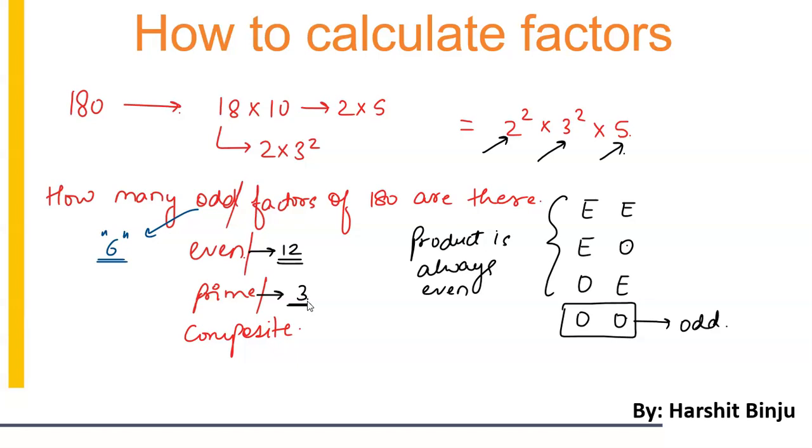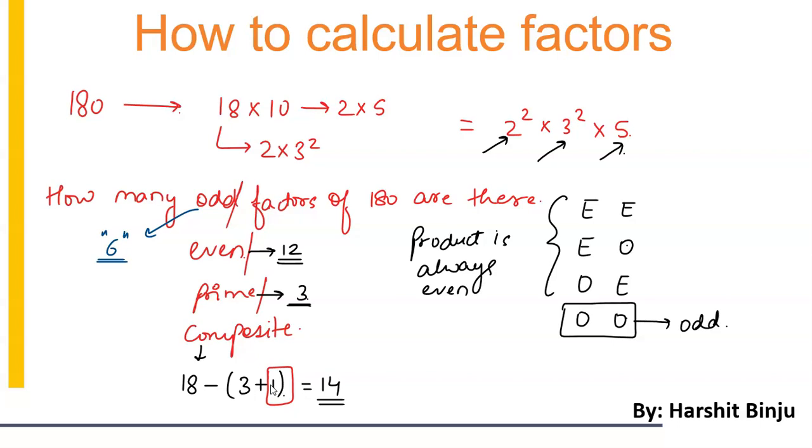Now when you talk about composite ones, remember that the number of composite factors is always the total number of factors minus the prime factors and 1. 1 is also a factor of 180, but 1 is neither prime nor composite, so there will be a total of 14 composite factors. Usually students forget about this one and simply say that the number of composite factors will be the total number of factors minus the number of prime factors, which will be factually incorrect.